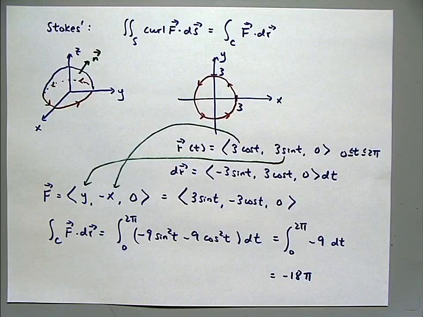Now you have to choose a surface. The simplest one is, of course, to use the plane. But remember, we have the freedom to choose any other surface that has the same boundary as this one here.